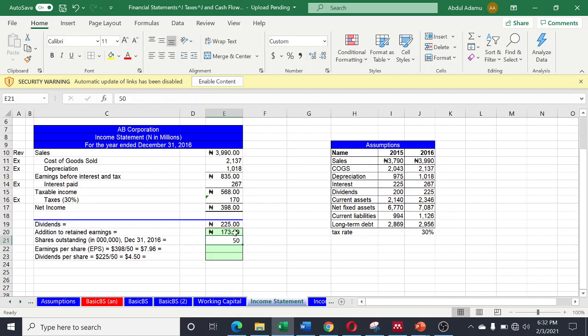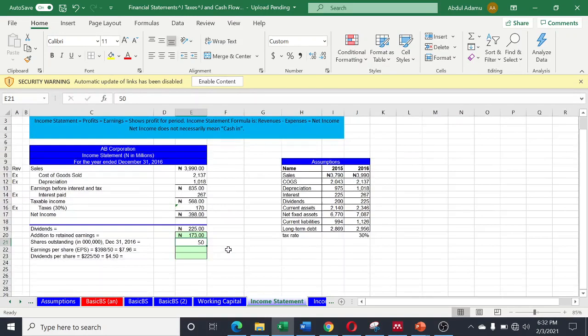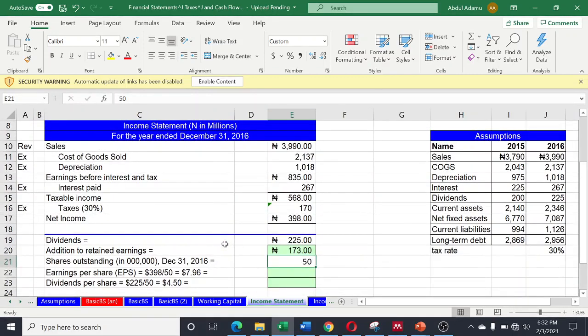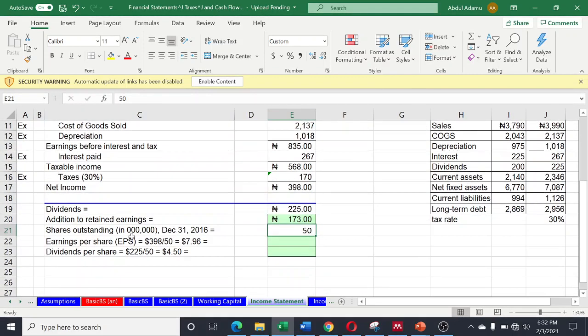So this is the number of shares outstanding. In financial statements, they normally report earning per share. So the earning per share is the net income divided by the shares outstanding, which is 50 million. So the net income is this.